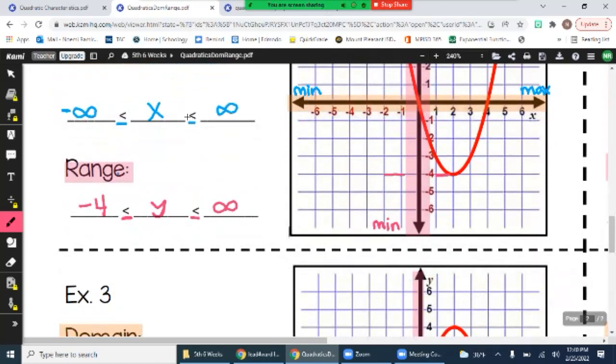Why would you have to flip it? What would you flip? The y and the -4, because on the STAR test, your answer choices will always have the variable in the front. So if I flip the -4 and the y, what else do I have to flip? The sign, the symbol.